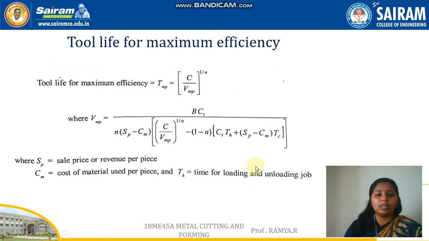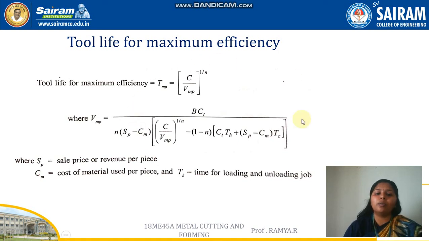The next one is tool life for maximum efficiency. The tool life equations described with the cutting speed and tool life for minimum cost and maximum production rate do not throw any light with respect to maximizing profit rate. They can only increase the production rate and minimize the production time, but they cannot influence the profit.